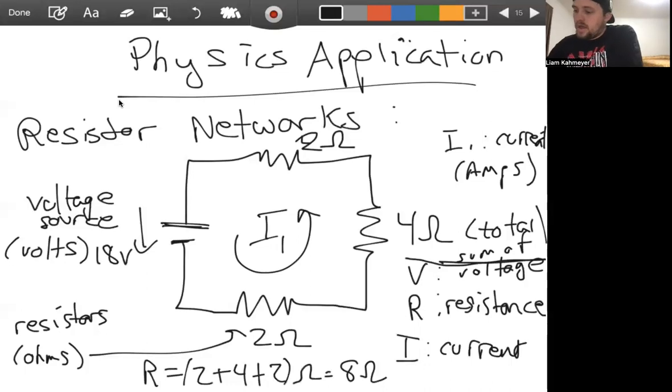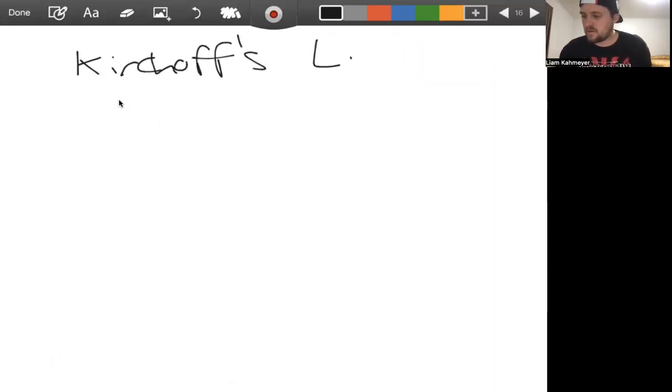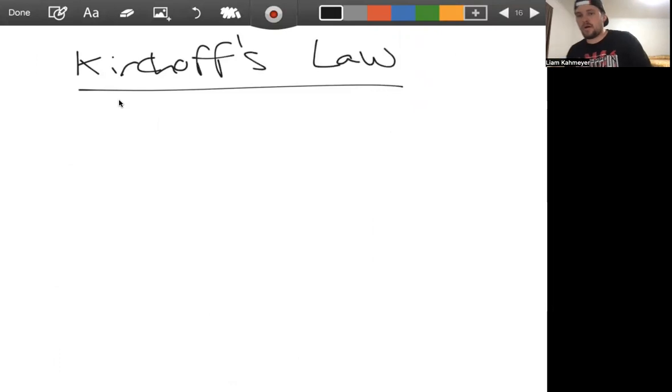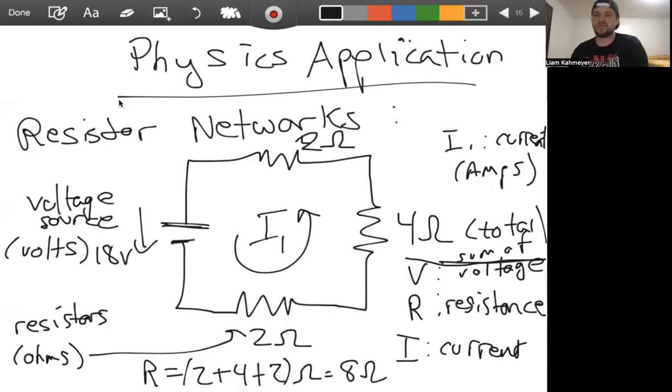And a very quintessential theorem is Kirchhoff's law. His law simply states that voltage, and when I say voltage here, I'm referring to these totals, right? So it's like the sum of the voltage is equal to something, but I'm going to drop saying that every time, and I'll just say the voltage.